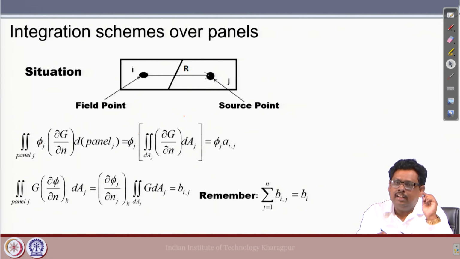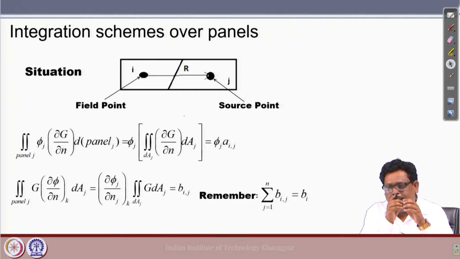Earlier we have only a single equation where sigma and phi, that means g and del g del n, both are there. But here, first I do the integration for del g del n and then I can get the influence matrix, which is sigma j I j, and then once I get this value for sigma, I can use this sigma to get the value for phi, right.